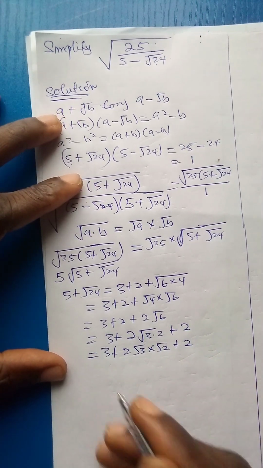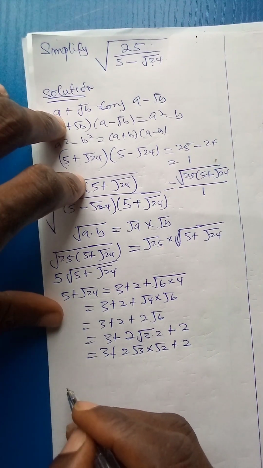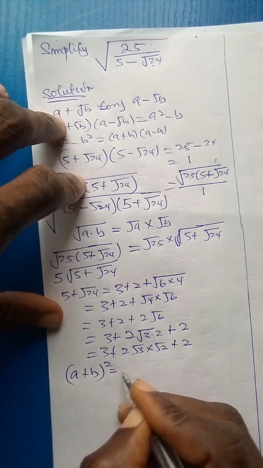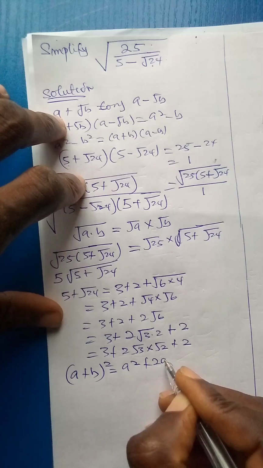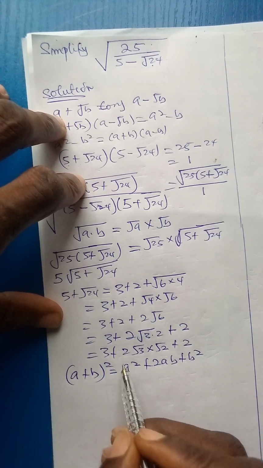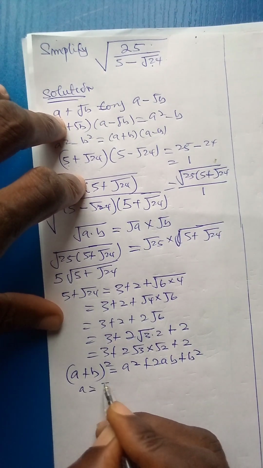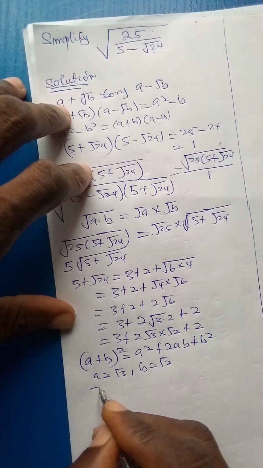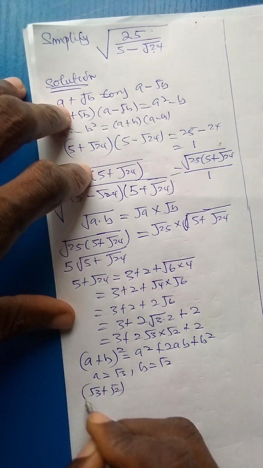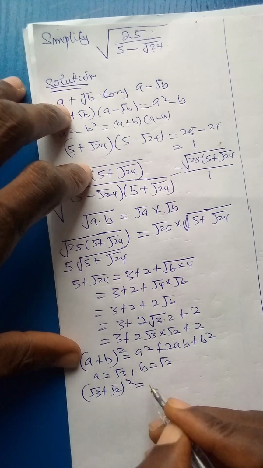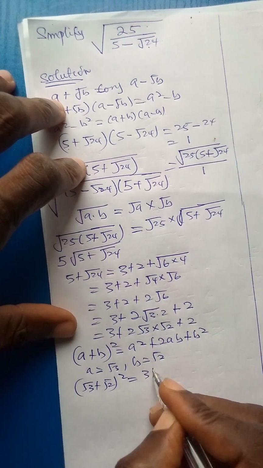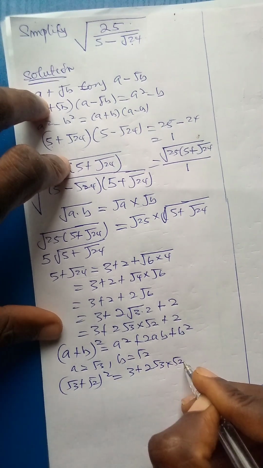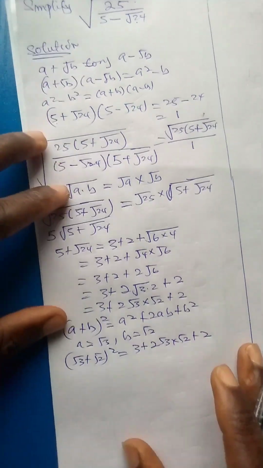Great. Now, let's remember this binomial expansion. That is a plus b all raised to power 2 equals a squared plus 2ab plus b squared. Now, a is equal to root 3 and b is equal to root 2. So if I have root 3 plus root 2 all raised to power 2, as we have it here, it will expand into this. That is 3 plus 2 root 3 times root 2 plus 2. Good.